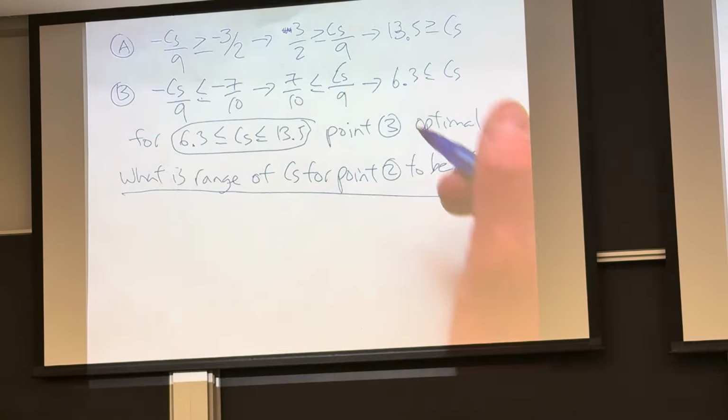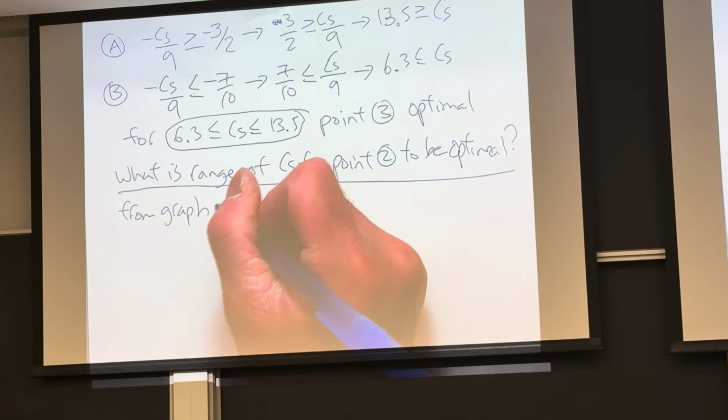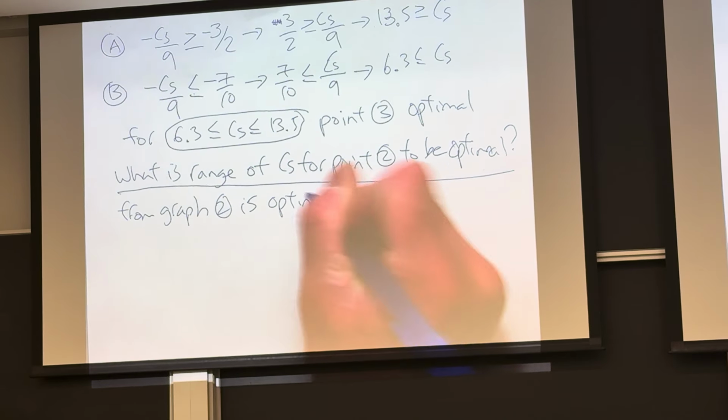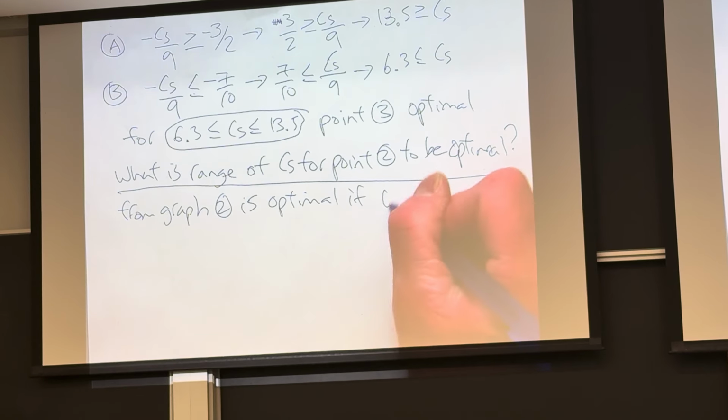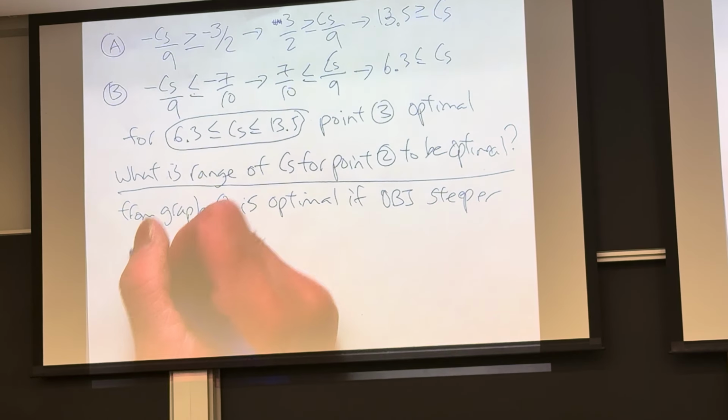So just from the graph, we see that 2 is optimal if the objective is steeper than the finishing.